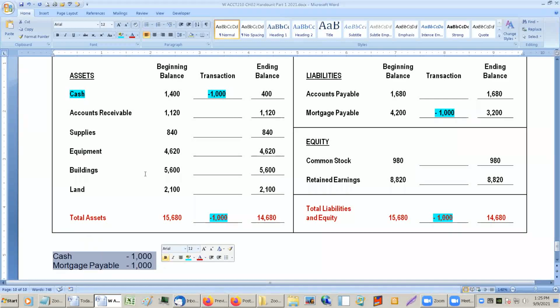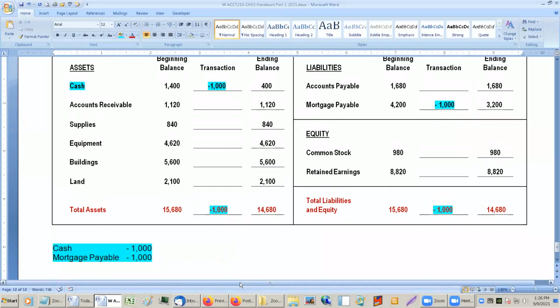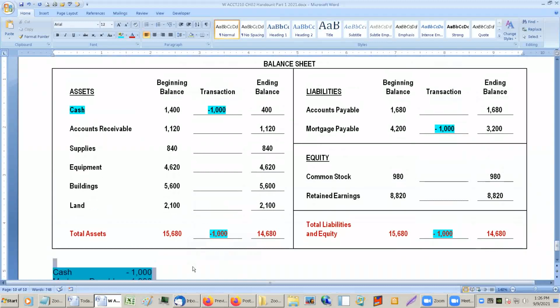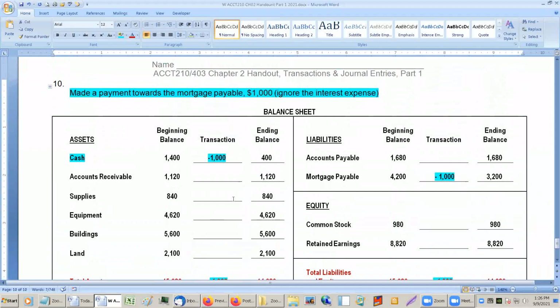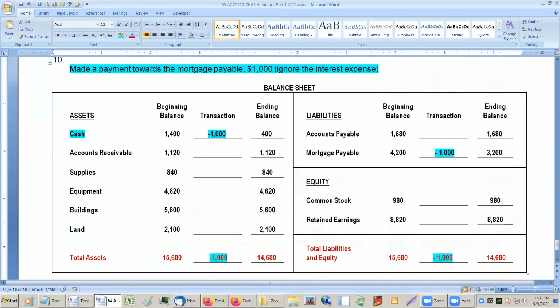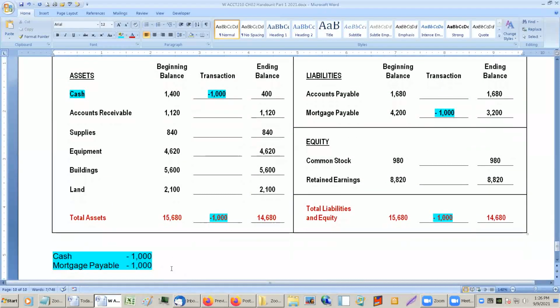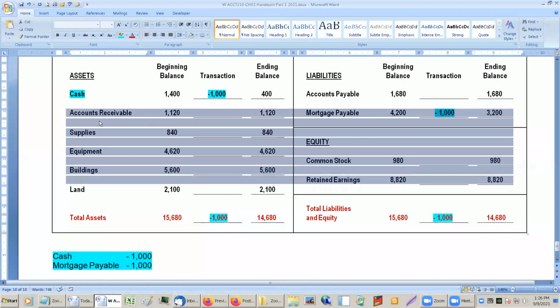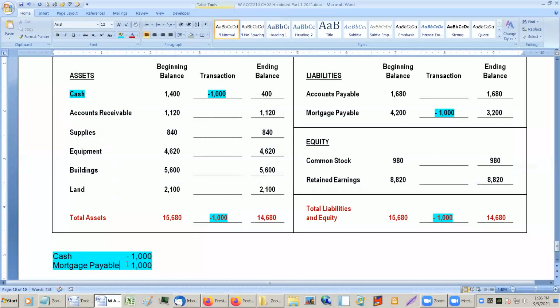This is really all you need, right? As far as this transaction is concerned, this tells you everything you need to know for that transaction. Cash went down, mortgage payable went down. You don't need any of this other stuff, it's in here. Just those 2 things.